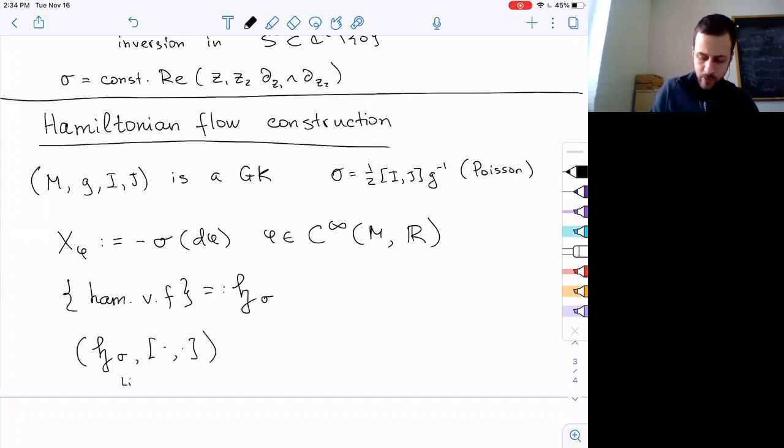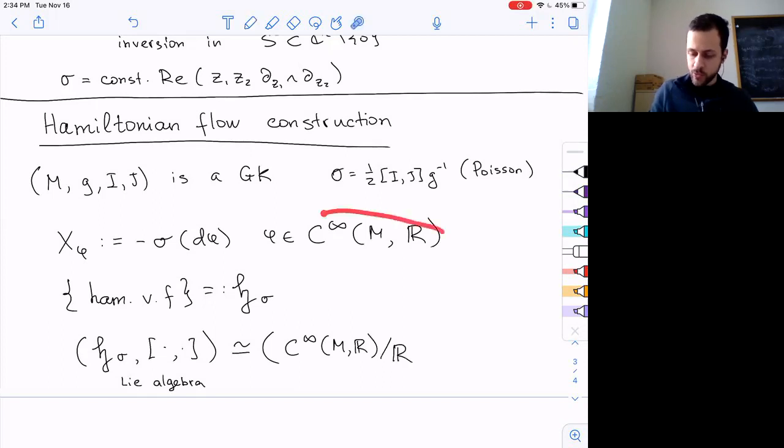The commutator of Hamiltonian vector fields is again a Hamiltonian vector field. Specifically, this Lie algebra is isomorphic to the space of smooth functions modulo constants, because constants generate trivial vector fields, with a bracket given by negative sigma.